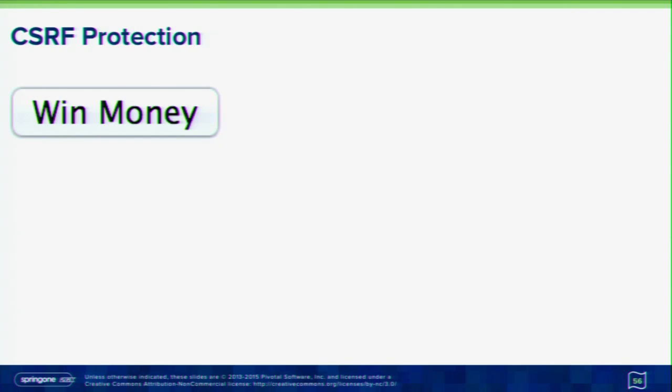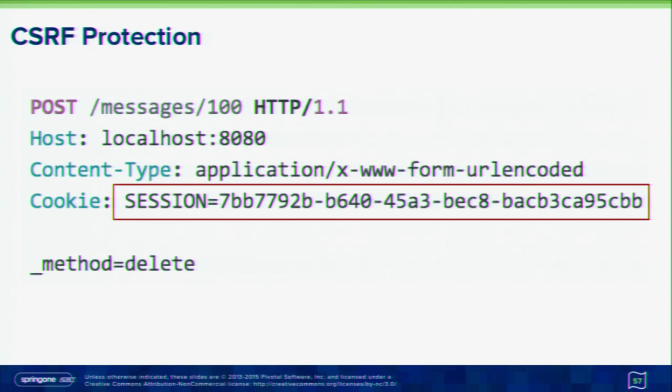And what might happen? Well, the problem is that even though I'm on evil.com, if I'm submitting to another domain, in this instance it says localhost, but maybe it's mybank.com, the idea is that they're separate domains. The session cookie is going to be automatically submitted, even though I'm on another domain.